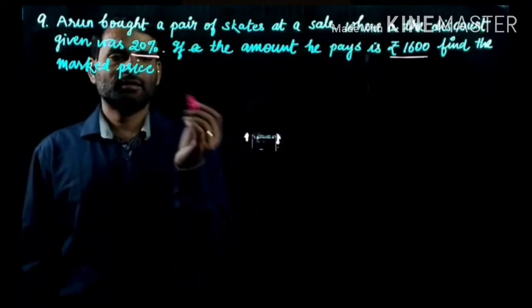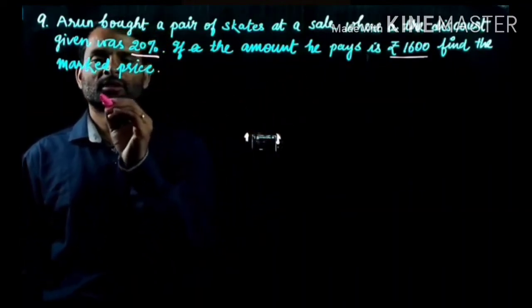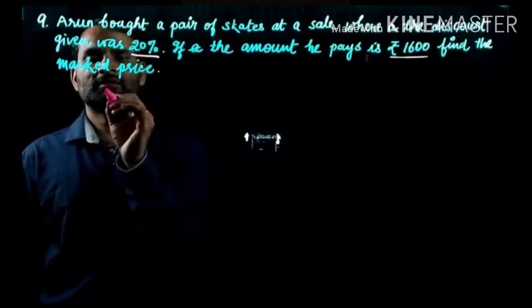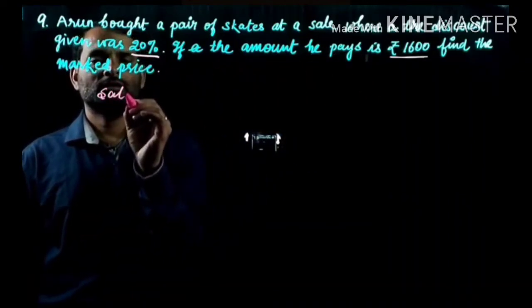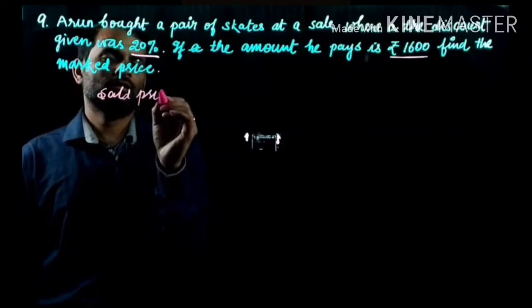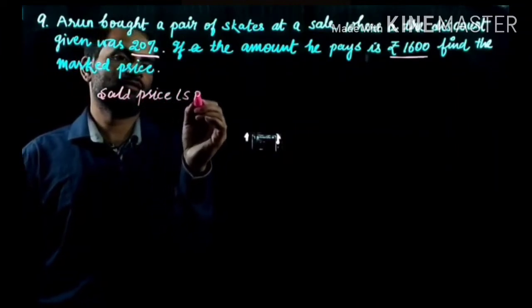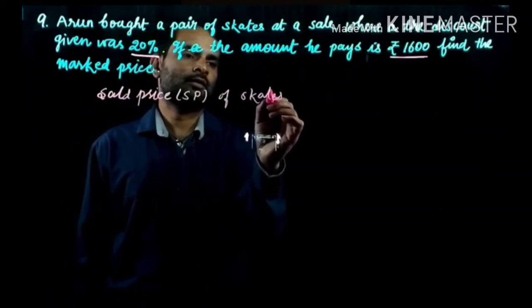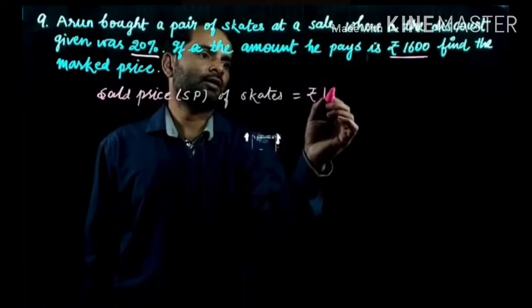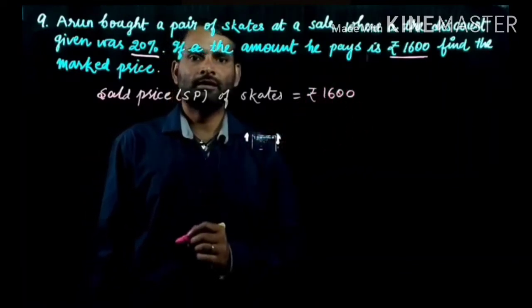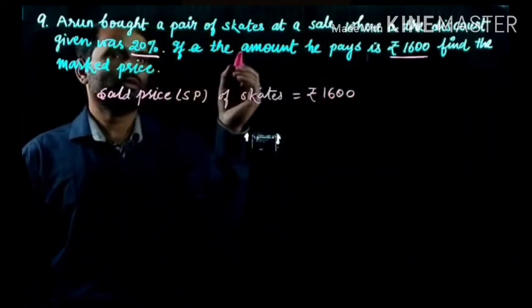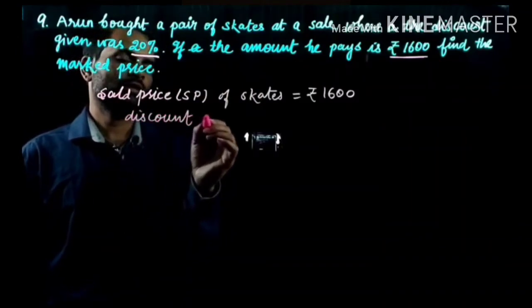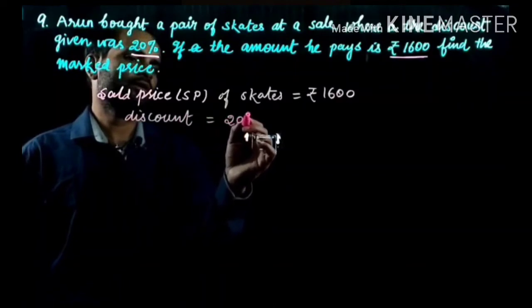Okay, so here given that the amount paid is called the sale price. SP of the skates is rupees 1600, and the discount is 20%.